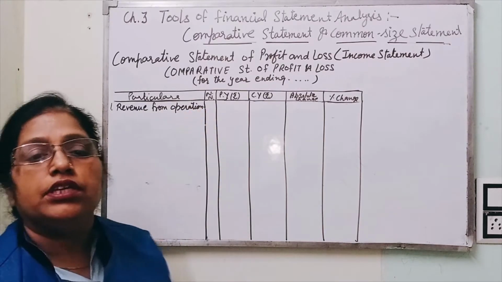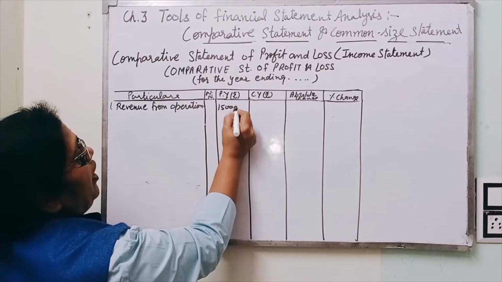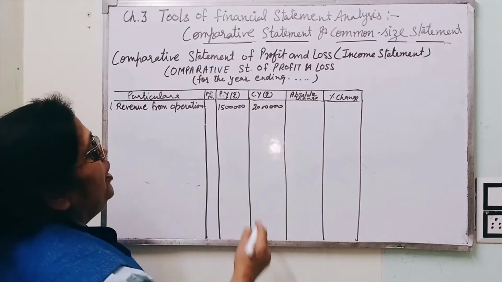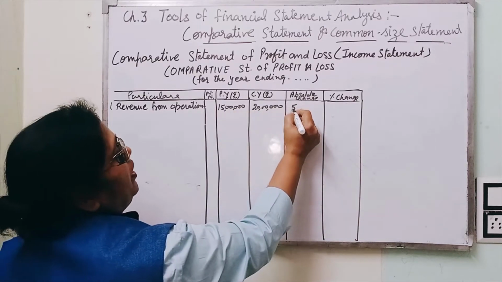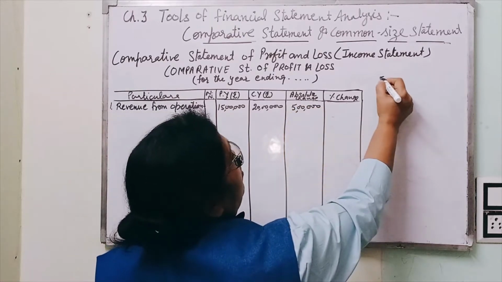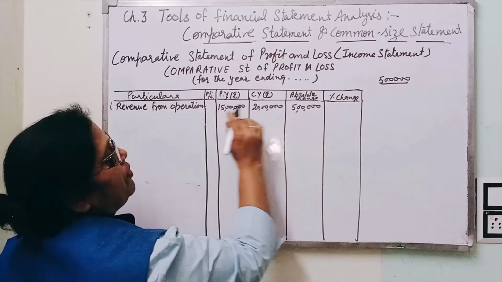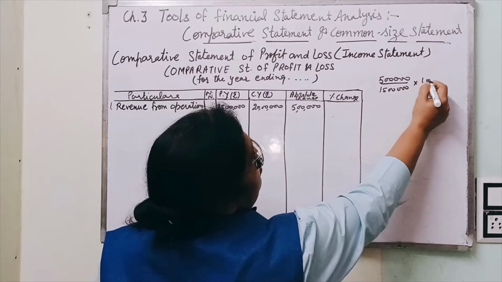Revenue from operation is given 15 lakh for previous year and 20 lakh for current year. It means absolute change is 20 lakh minus 15 lakh. It comes to rupees 5 lakh. Now how can we calculate the percentage change? Absolute change divided by previous year's amount 15 lakh multiply by 100.